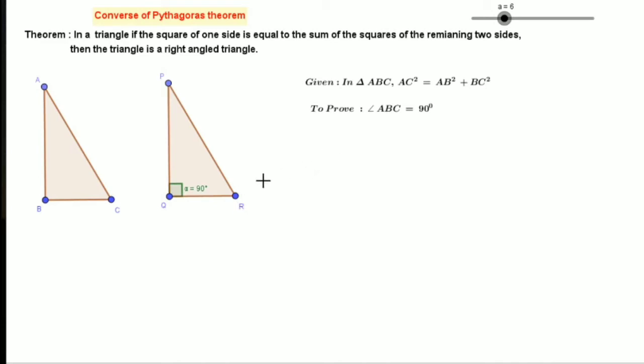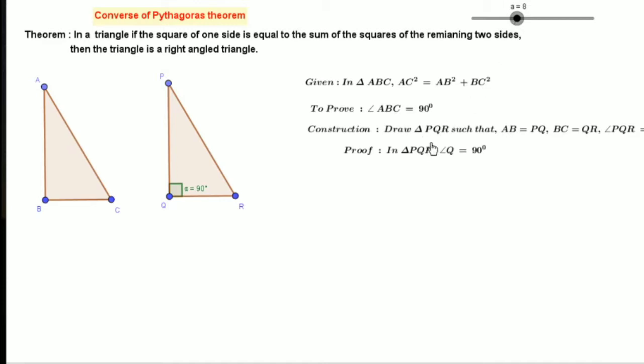So in construction we write: draw triangle PQR such that AB equals PQ, BC equals QR, and angle PQR is 90 degrees.